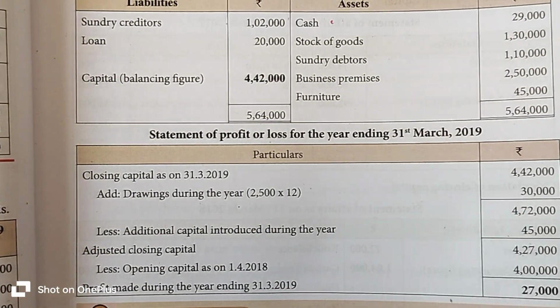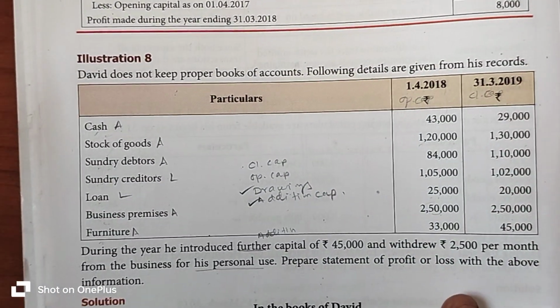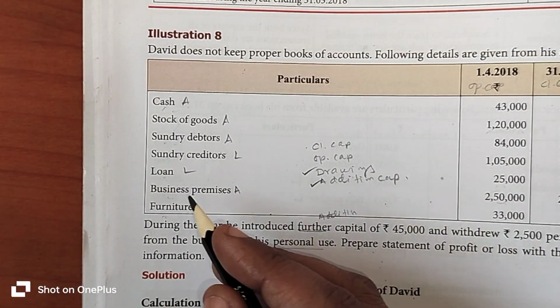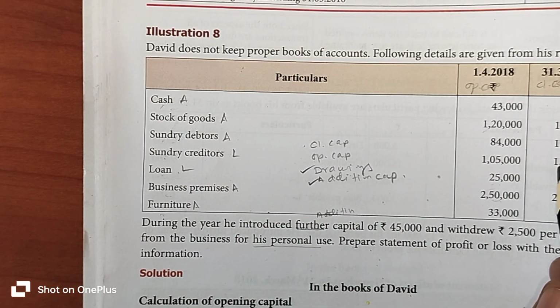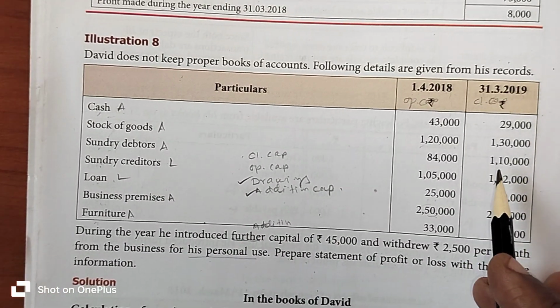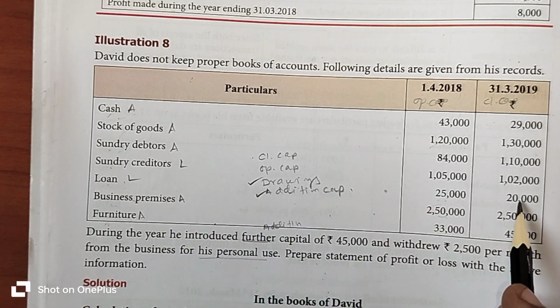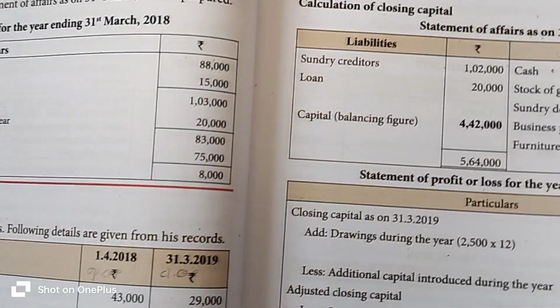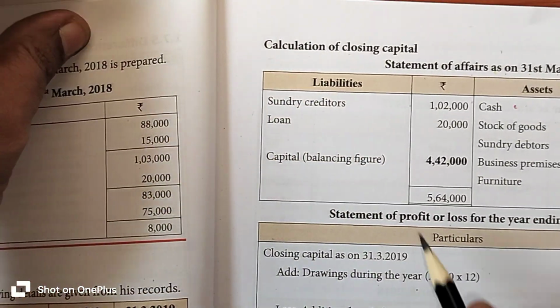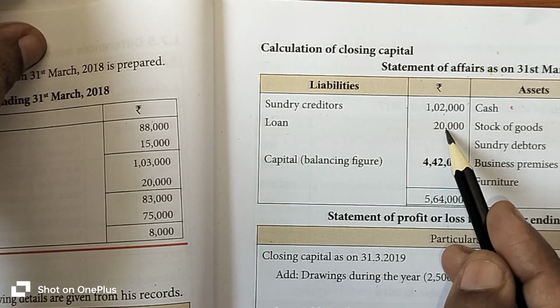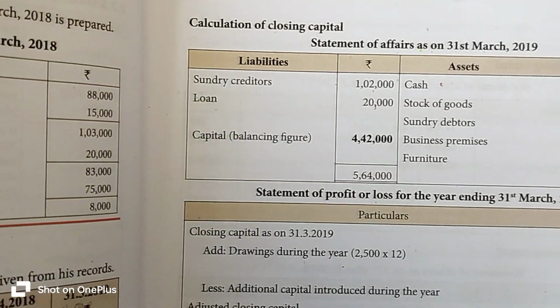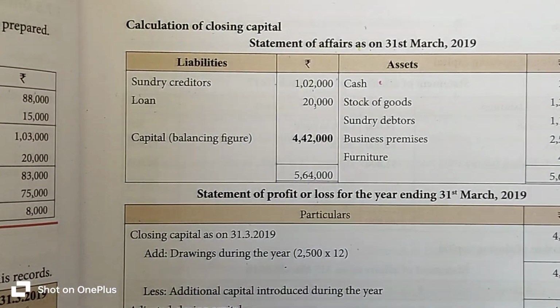Okay, then on the liability side we have to enter loan and sundry creditors. Sundry creditors value is 1,02,000 rupees, and the loan value is 20,000. We have to enter them on the liability side. Then we have to find out which side has the higher value.